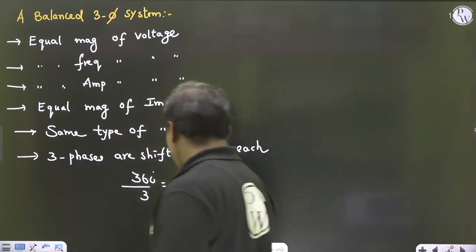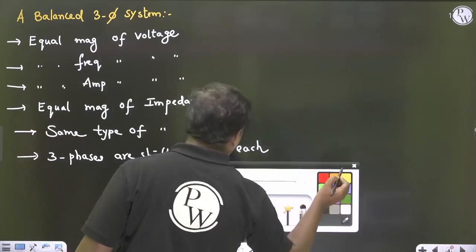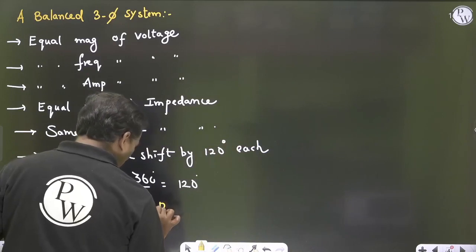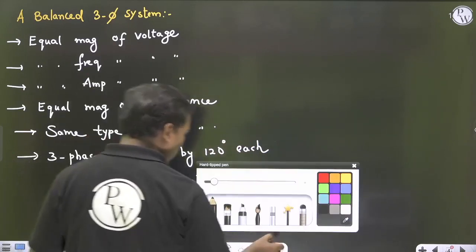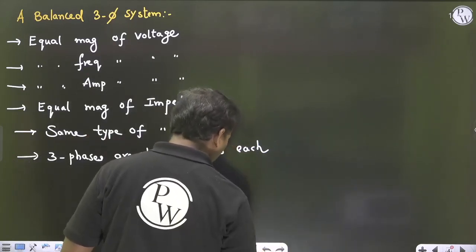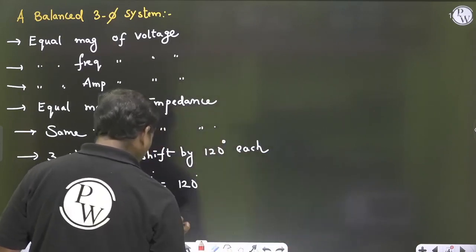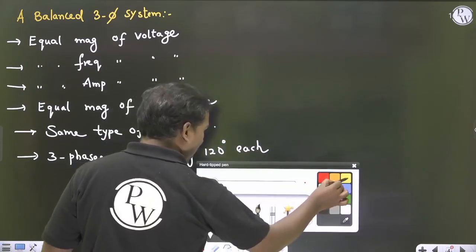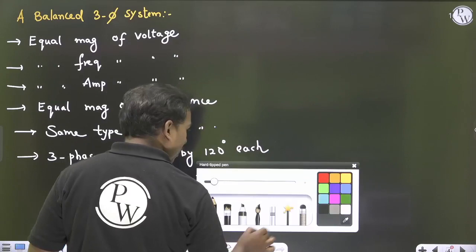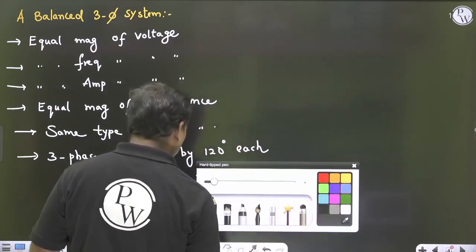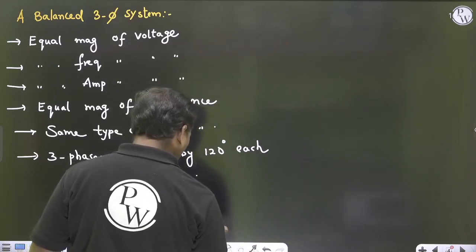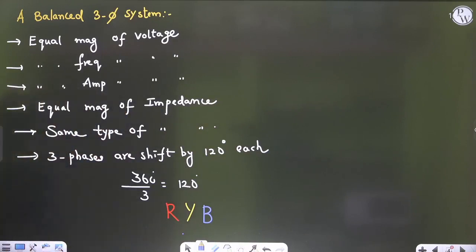So if you see that sequence, that is what we call the RYB sequence. The sequence is important. So these are red, the yellow, the blue. So they will be having a RYB sequence.